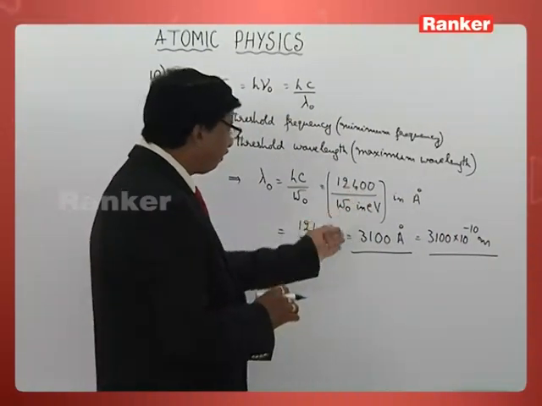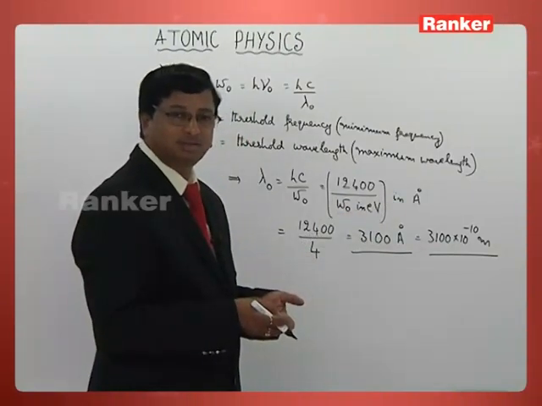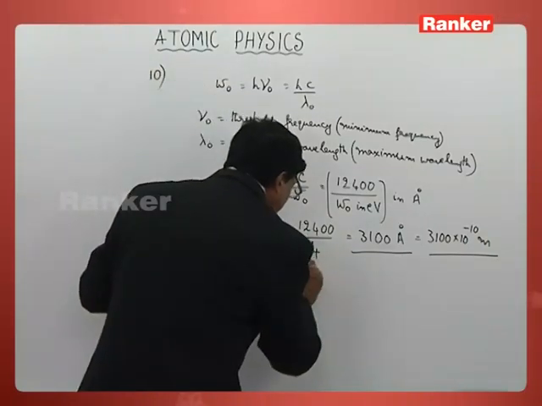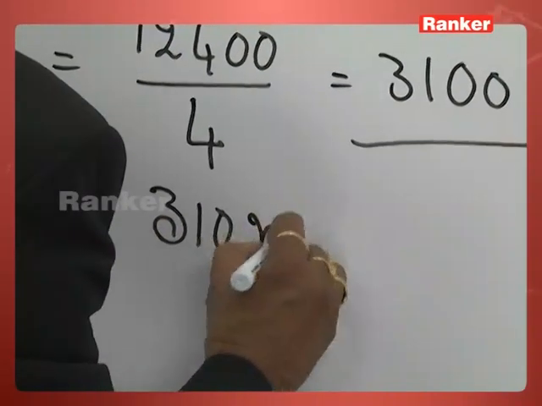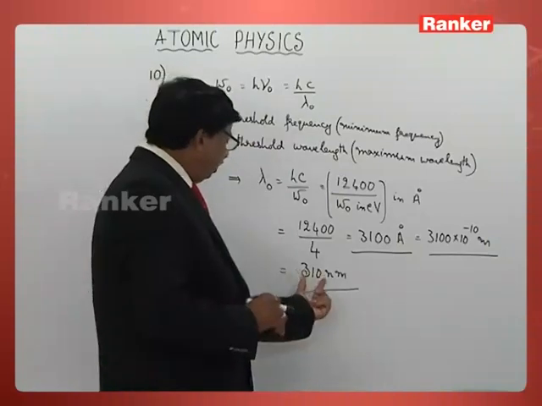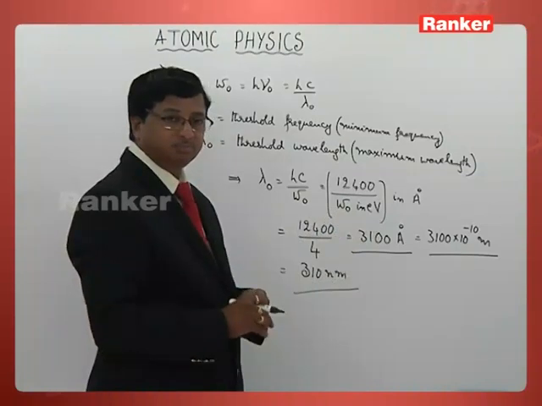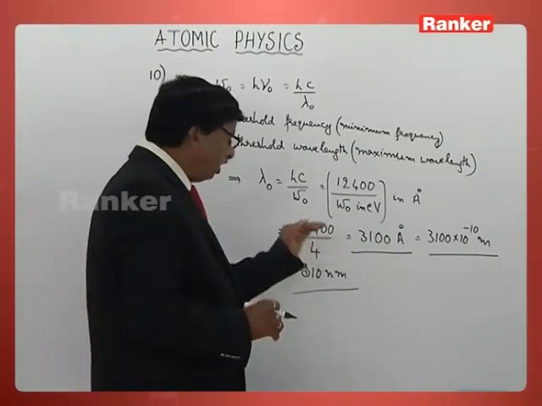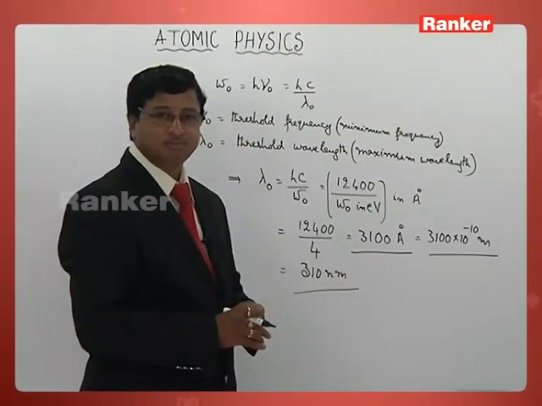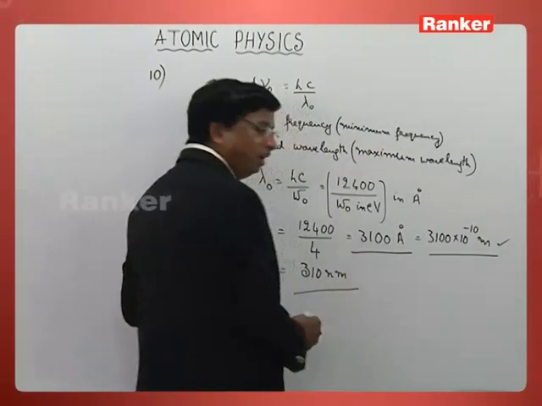That of course he is asking you in nanometer. 10 power minus 9 I want. So what can we write now directly in this case? It now becomes 310 nanometer. If you write 310 nanometer, 310 into 10 power minus 9, multiplying and dividing by 10, you will be getting exactly 3100 angstroms. So if he asks you the answer in meter, you can write it this way.